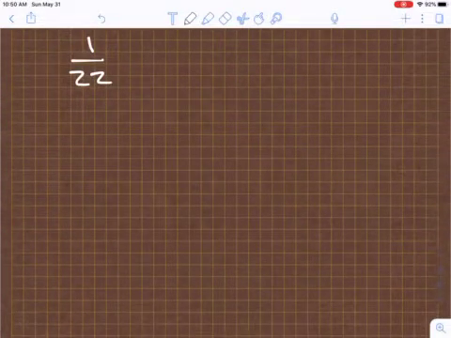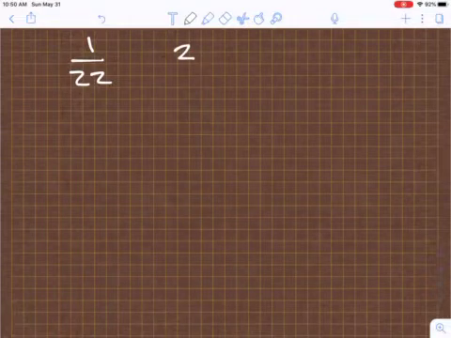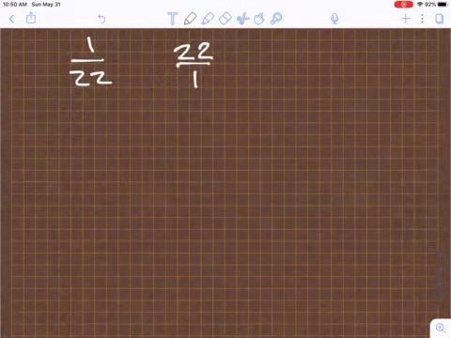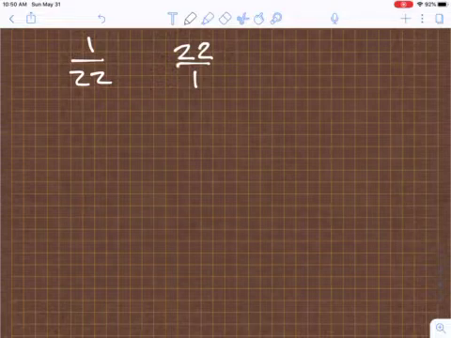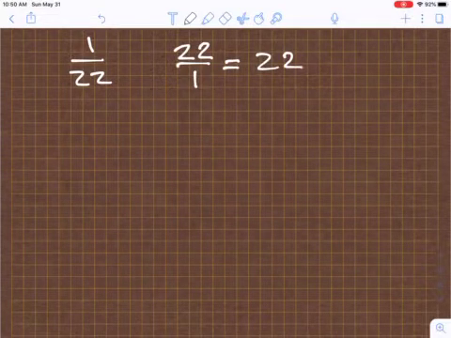Next, 1/22. All right, 1 over 22. So same deal, you just flip it, right? So the 22 goes on top, and then the 1 goes on the bottom. And then sometimes when you do a reciprocal, you might have to simplify it. So if my reciprocal is 22 over 1, I wouldn't write it as 22 over 1. I would write it as 22.